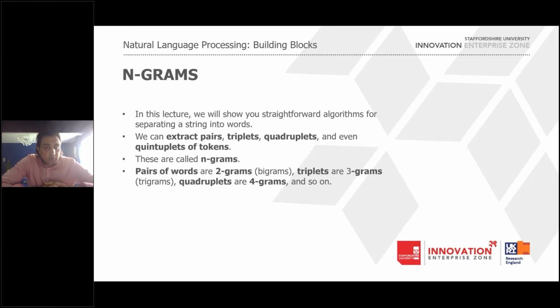This takes us to another term, which we're going to call N-grams. In this lecture, we will show you a straightforward algorithm for separating a string into words, and we can extract pairs.